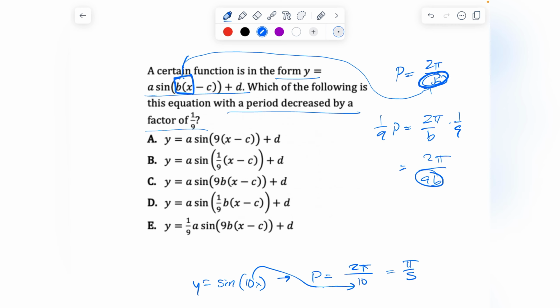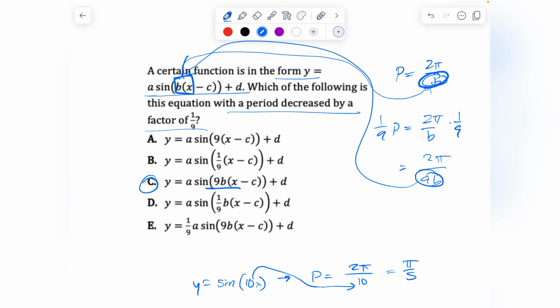So if I know that my denominator is now 9b, I could just go ahead and plug that back into the function, and I know that I need to have a 9b in my equation, okay? So if I go from bx to 9bx, I'm going to actually be decreasing my period by a factor of 1/9. So this is going to be your answer.